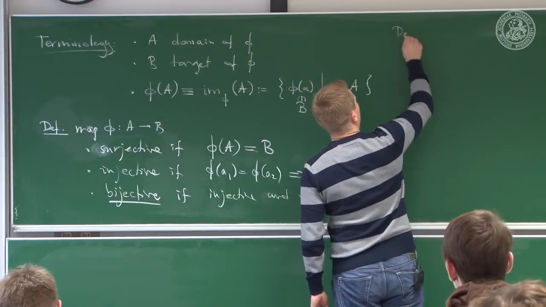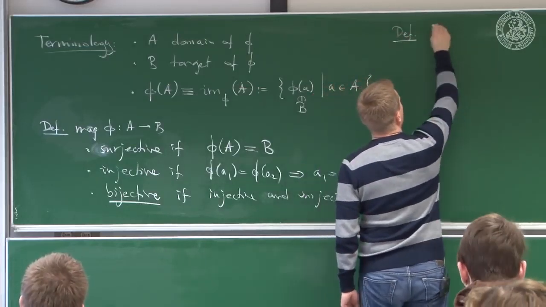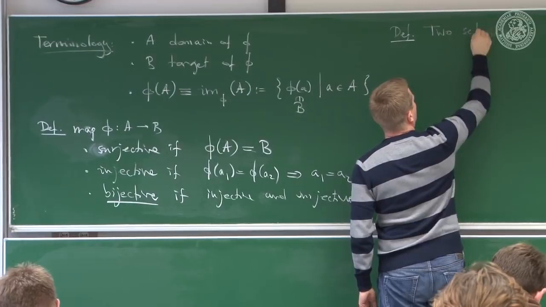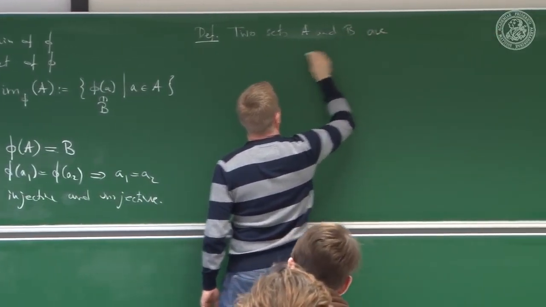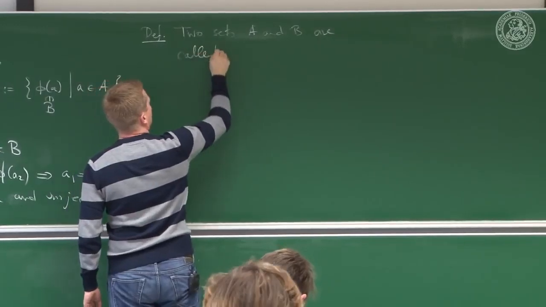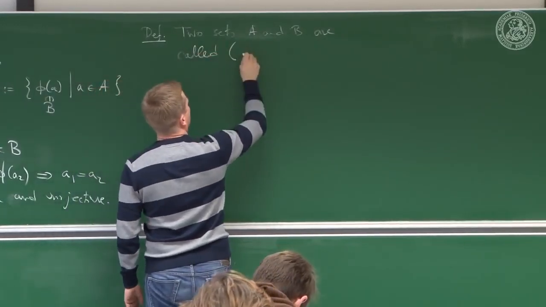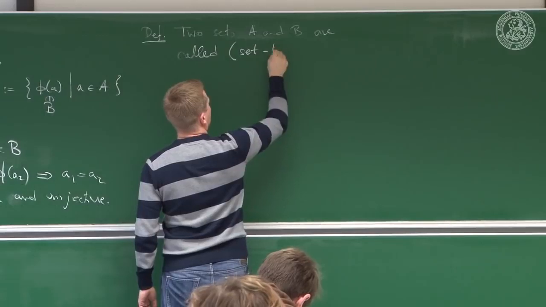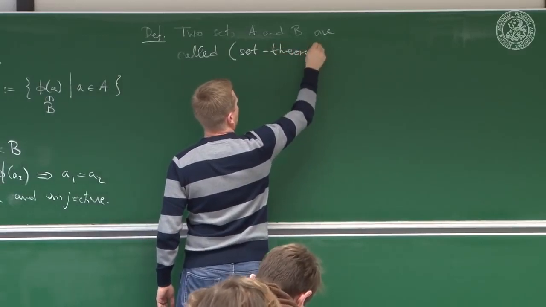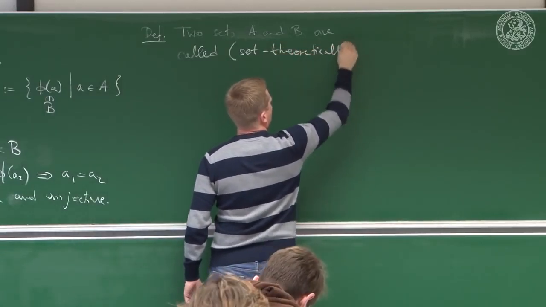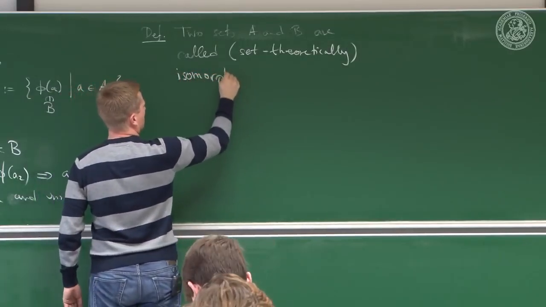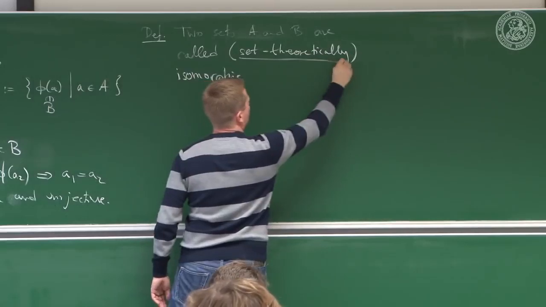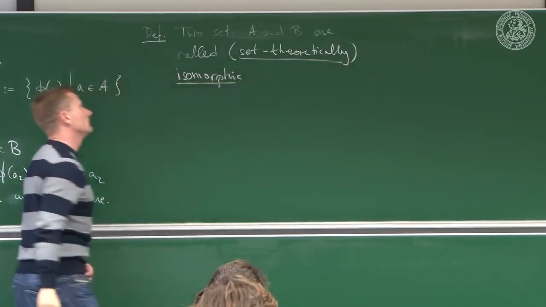And in fact, we have the following key definition. Two sets, A and B, are called, and I put the qualifier here, set theoretically isomorphic. So they're called isomorphic in set theory.